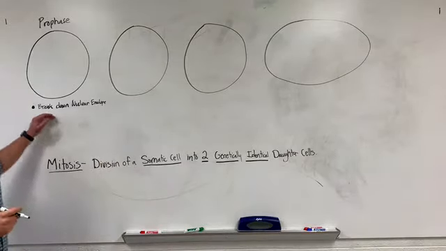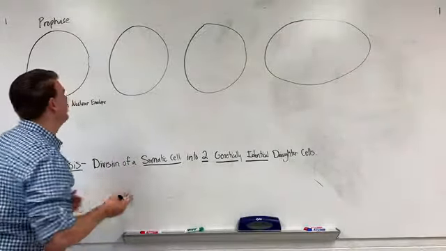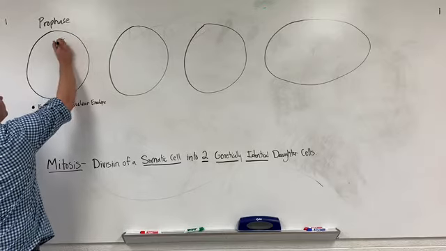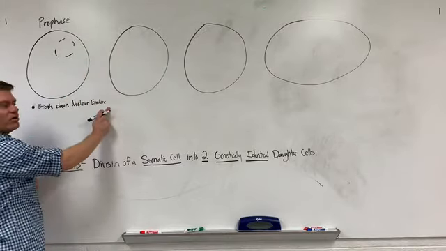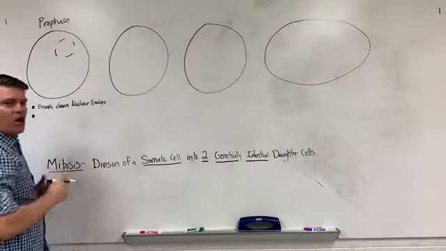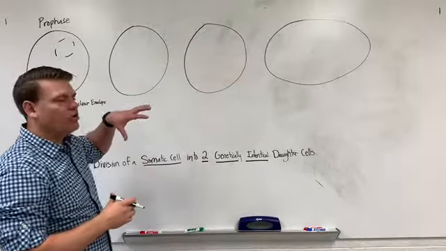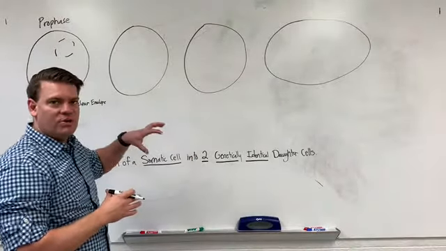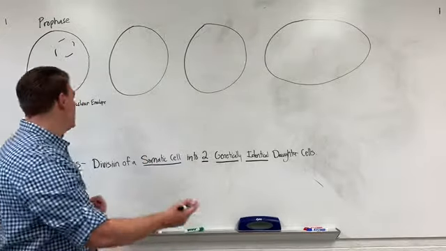Now, our nuclear envelope is the membrane around the nucleus. We call that the nuclear envelope. So here's our nucleus, and I'm just going to show it with some gaps in it. That's us breaking down our nuclear envelope. Then inside our nucleus, our DNA is going to go from our lightly packed form, which we showed earlier, which is our chromatin, to our tightly packed form, which is our chromosome.